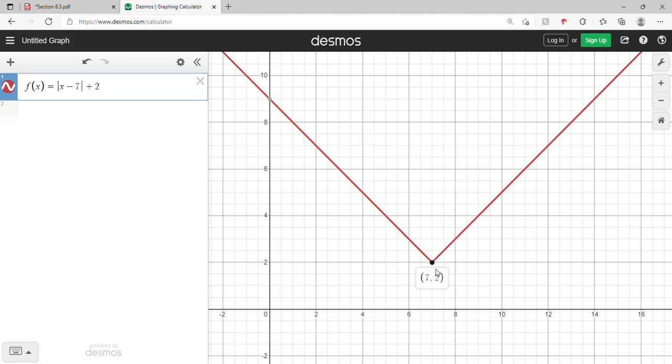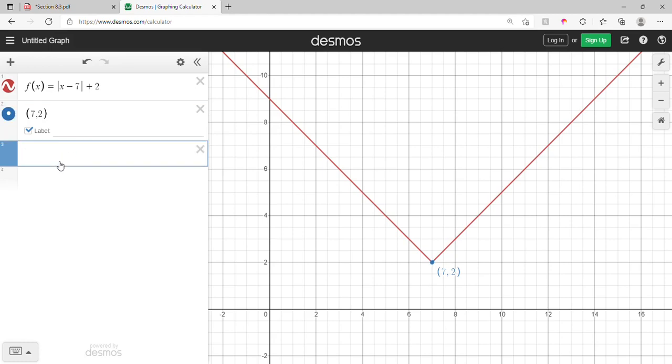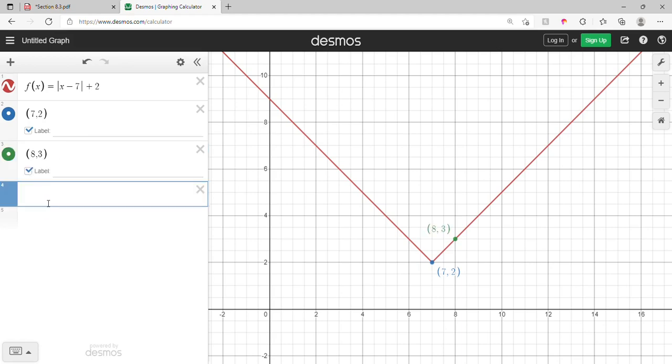We know the vertex is 7, 2, so I can physically type in the entire equation, or if I want to, I can write ordered pairs 7, 2, and I can label it. So we have that point. We can add some more points here. So Desmos is a really good resource. It's a free graphing calculator for us. I can add 8, 3. Label that as well.